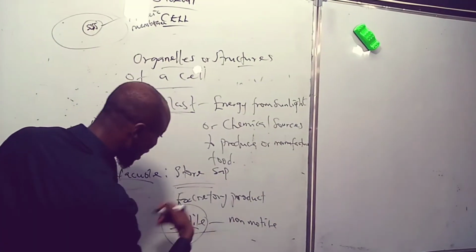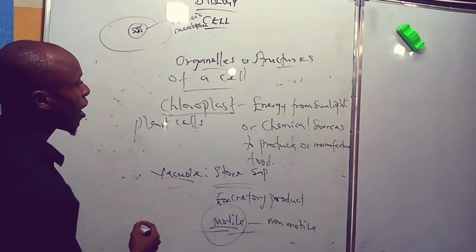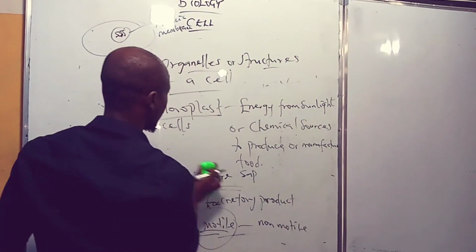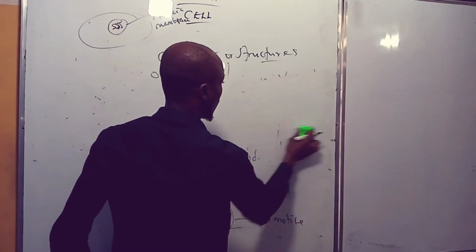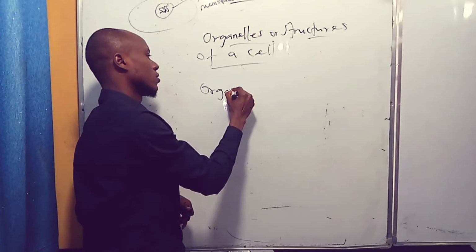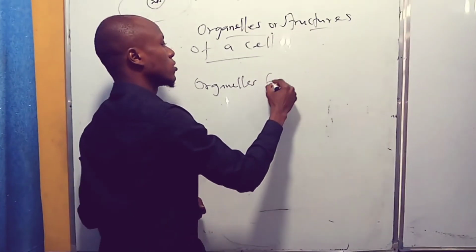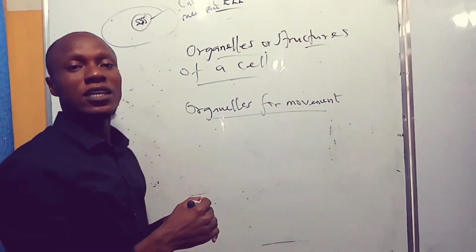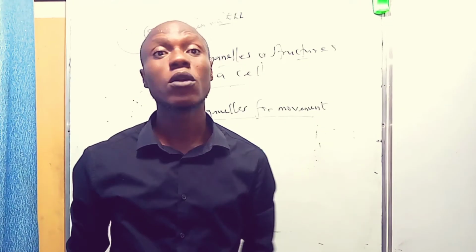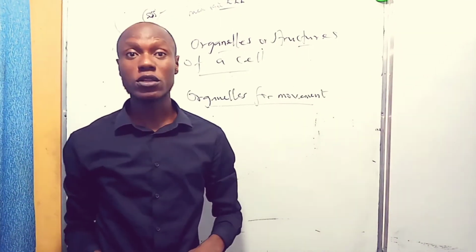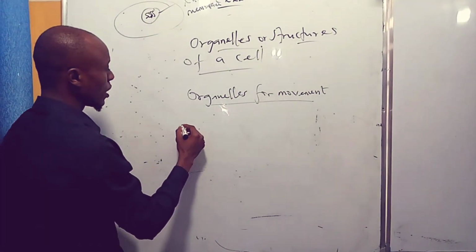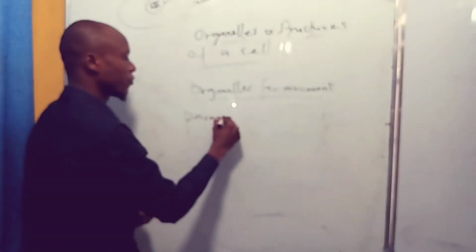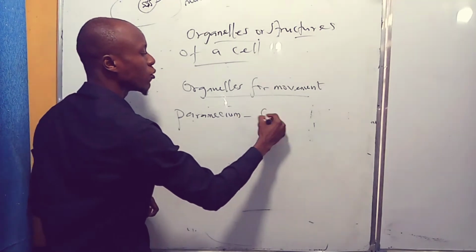So now, organelles for movement are organelles that aid what? Movement in different what? Organisms. For example, in paramecium, we have what?